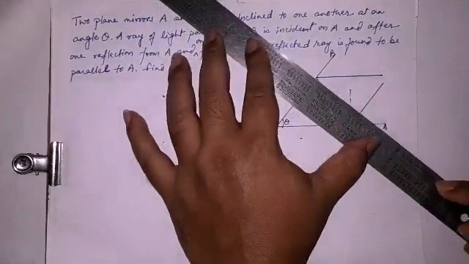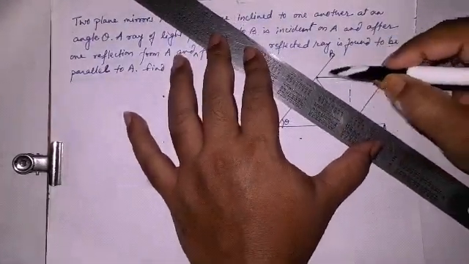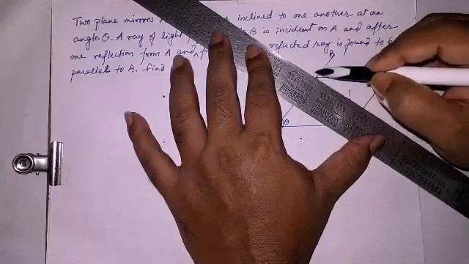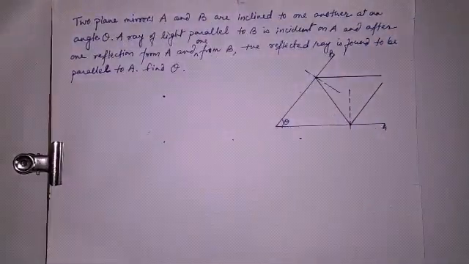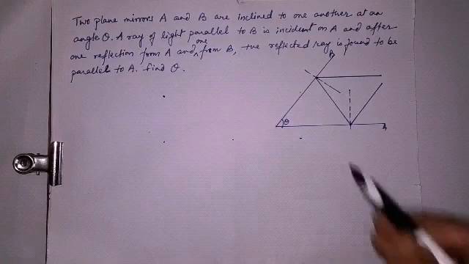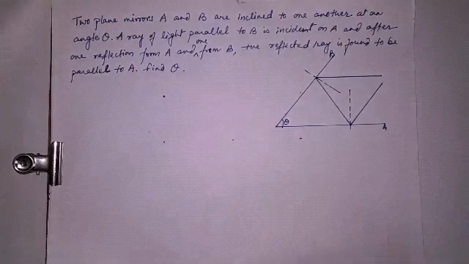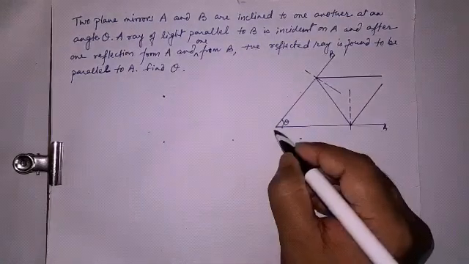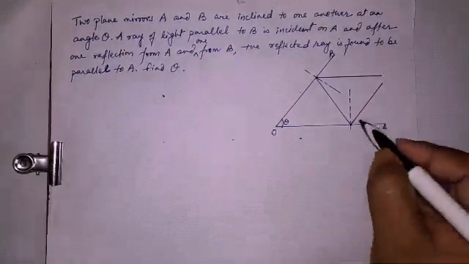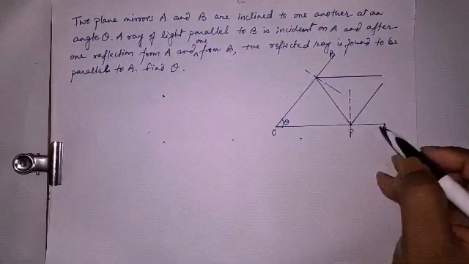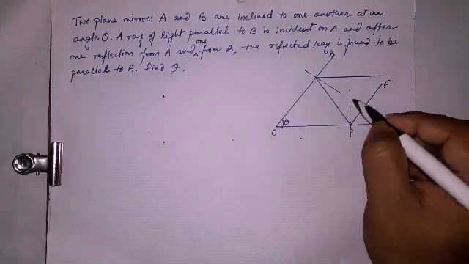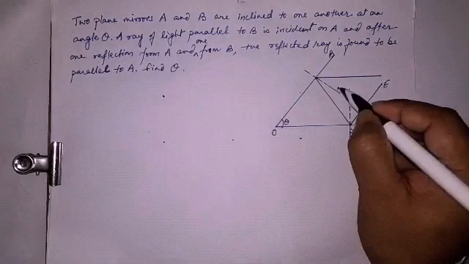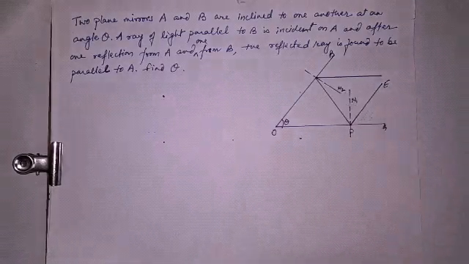So this will be my normal drawn over here, 90 degree. Therefore, if this is theta, let us name this figure. Let this be O. Let this be point F. Let this be point E. Let this be normal N1 and let this be normal N2.